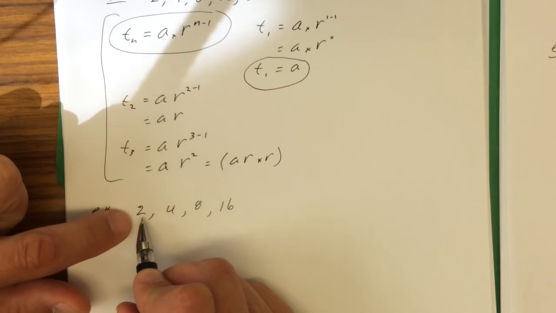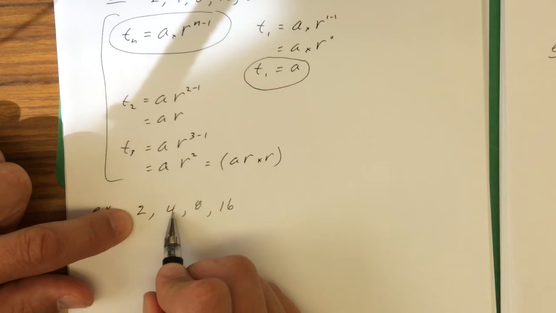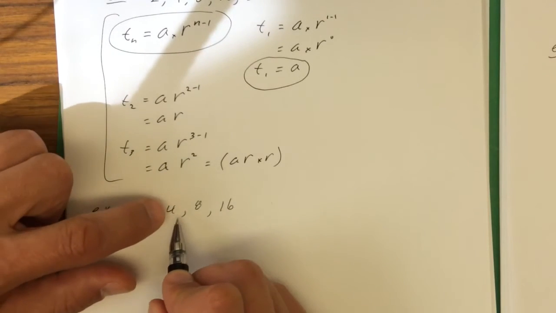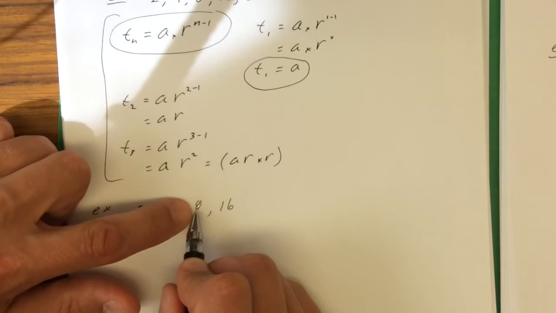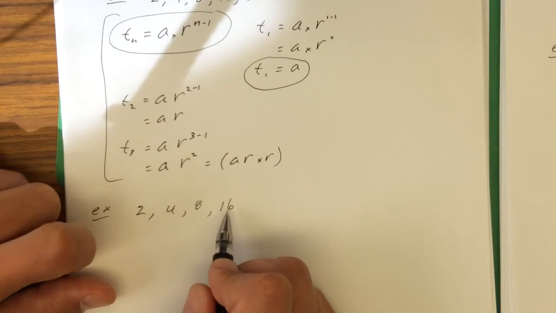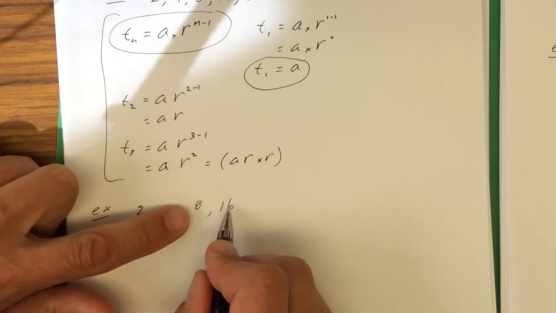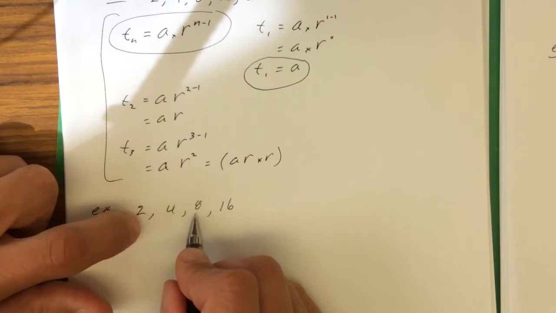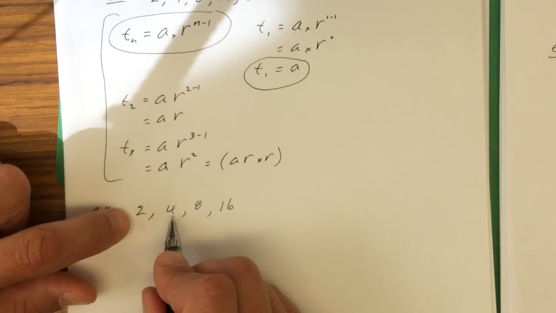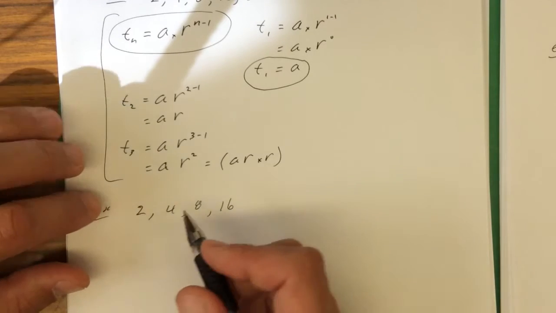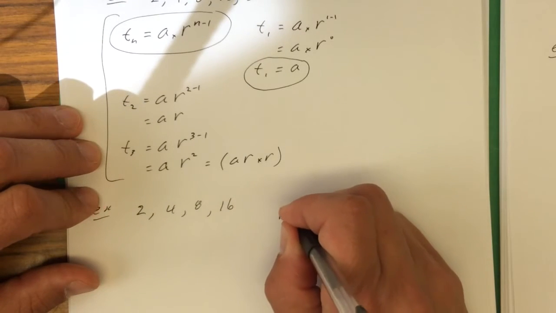So to go from term 1 to term 2, you'd have to multiply by the same number that you multiply by to go from term 2 to term 3, and from term 3 to term 4. So if you know the terms, to figure out what you multiplied by, just take term 4 and divide it by term 3, term 3 divided by term 2, and term 2 divided by term 1.